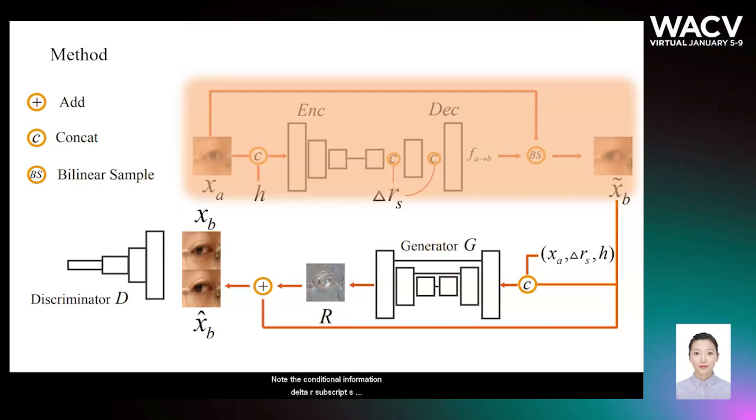Note the conditional information delta R subscript S is concatenated into different scales of the decoder to strengthen the guiding ability. The output of the decoder is a two-channel map, rather than an image, which is used to warp the input image X subscript A by means of a bilinear sampler BS. We only use the L2 distance between the output and ground truth as the objective function of the coarse-grained branch.